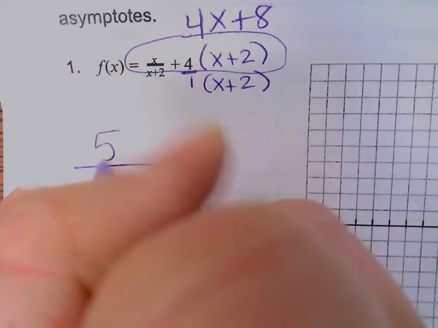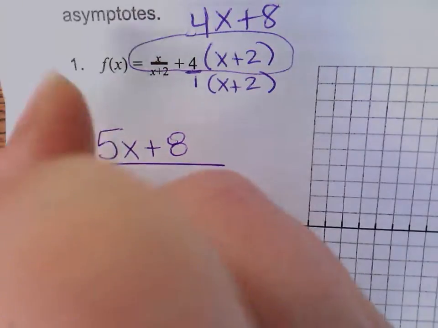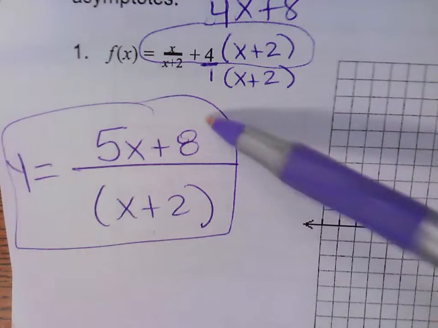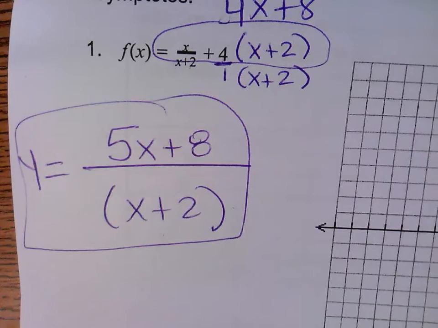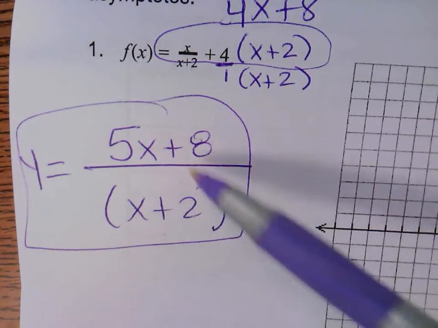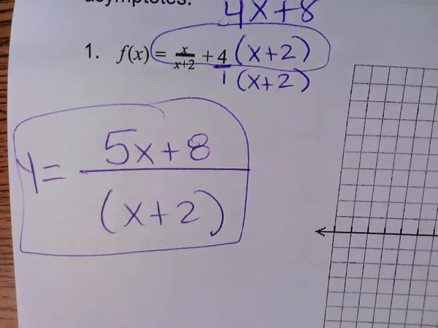So 5x plus 8 over x plus 2. Now this is set up so I can do my note card. I've got my numerator, I've got my denominator, and I can do all the steps. So I'll let you try doing all the steps in a minute. There's nothing that's going to cancel, so this doesn't have a hole. So let's see how we would simplify example 2 together.